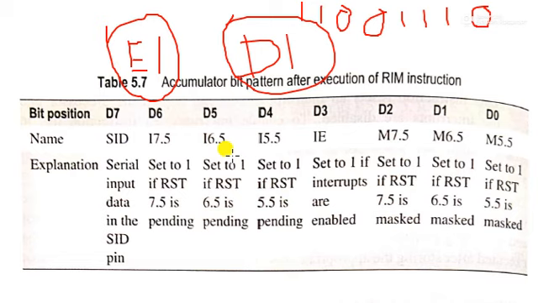So the microprocessor serves them according to their priorities. That means first the TRAP will be performed, then RST 7.5, RST 6.5, and then RST 5.5. So when RST 7.5 is being performed, RST 6.5 and 5.5 are in the pending condition. That means they are in the waiting status.